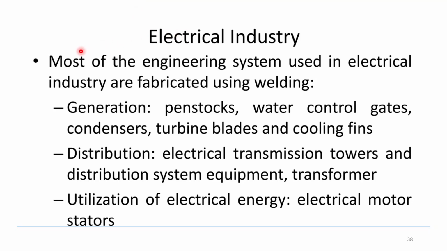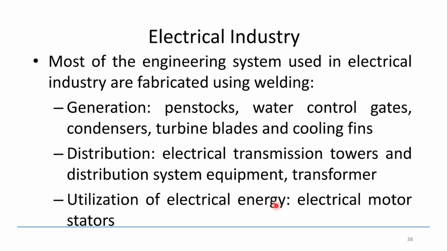In case of electrical industry, most of the engineering systems used in electrical industry are fabricated using welding. Generation, in this case penstocks, water control gates, condensers, turbine plates and cooling fins. In case of electrical distribution, electrical transmission towers and distribution system equipment, transformers, these are made using welding.